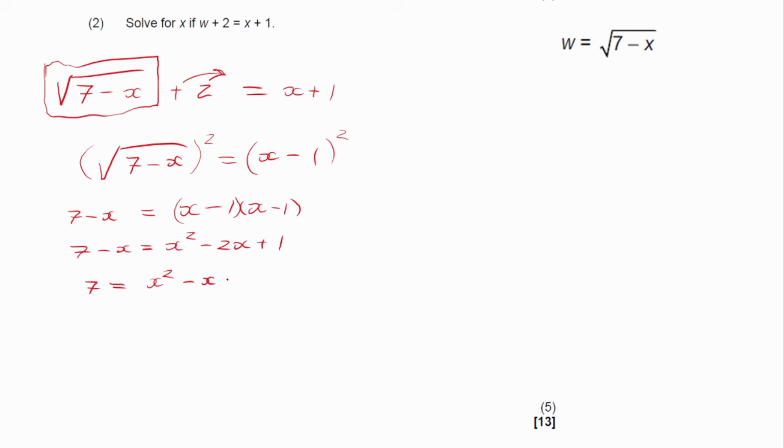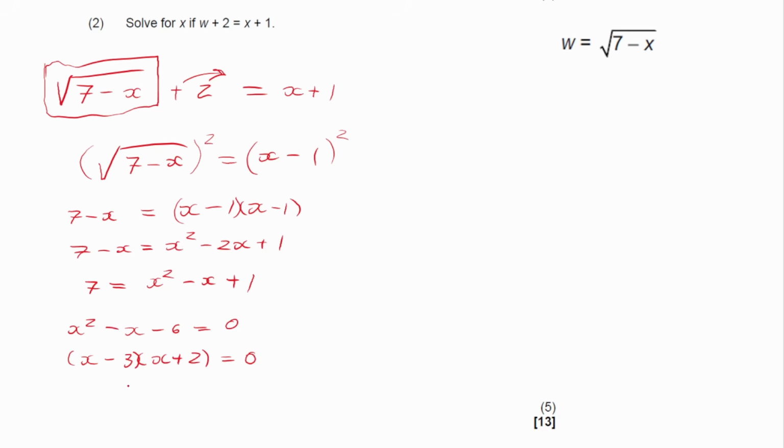This stays minus x plus 1. So next step, we get x squared minus x minus 6 is equal to 0. And here we have x minus 3, x plus 2 is equal to 0.